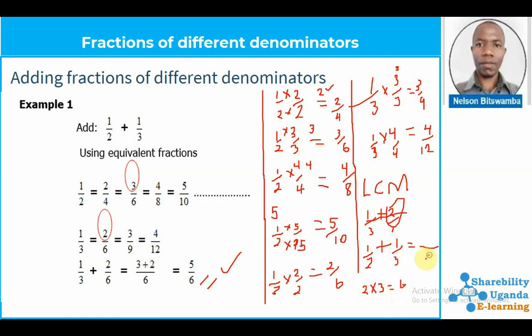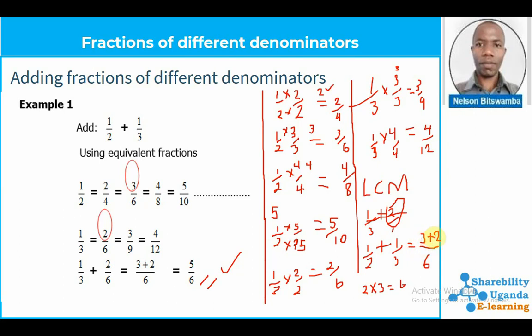So we shall bring our 6 here, and we say what is 6 divided by 2? The answer is 3. Then, what is 6 divided by 3? The answer is 2.